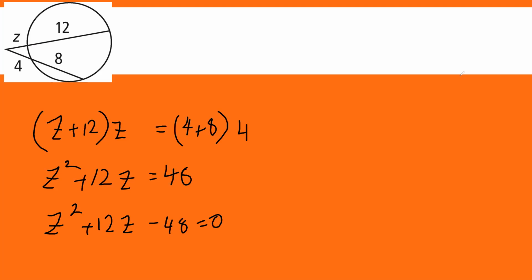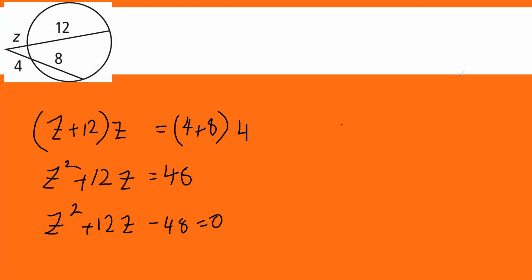Now here, as you see, you cannot find two numbers that if you multiply them, you get 48, and if you add them, you get positive 12. So what you have to do, by the calculator or by the discriminant or the equation formula, choose mode number 5, use the equation, write the equation, you will find that we have two answers.